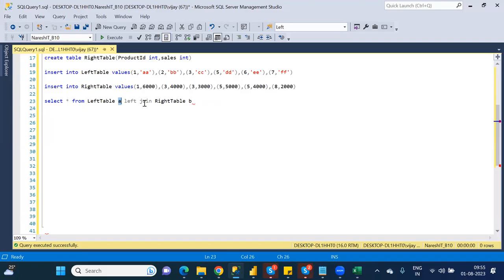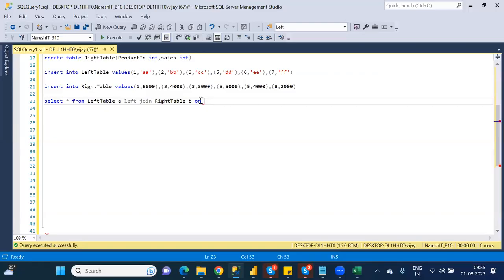What join do you want to apply? Left join. Okay. What is the right table? What is the other table that you write here? What is the alias name for this table? B. Now you use the on operator, because in the on operator you have to match the common column between the data sets. Then only the left join operation will work. Understand or not? So that means on. What is the common column between those two data sets? In the left table, you have the ID column. In the right table, what is the common column? Product ID. Those columns. So what is the left table name?